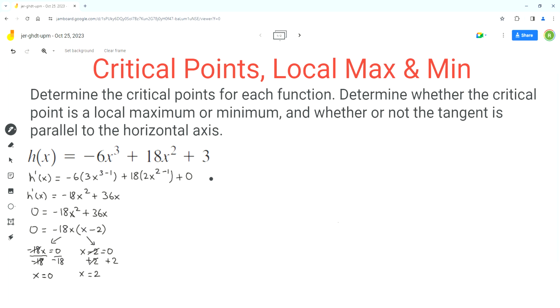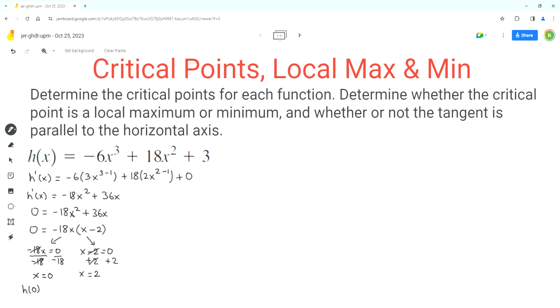Now in order to find the critical points, we have to find the y values for these x values. For that, we should sub in these x values one by one in the given function. In the first one, we'll sub in x as 0.